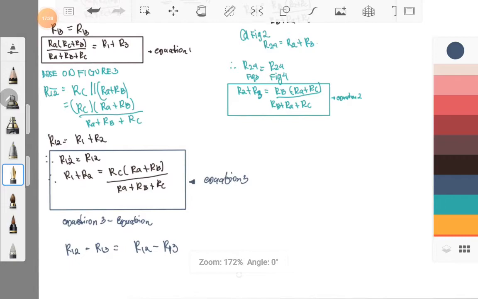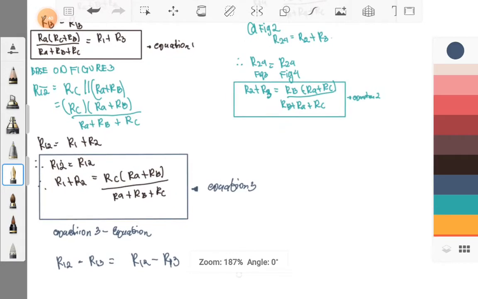So, we all know that our equation 3 is equal to R1 plus R3, minus our equation 1, which is equal to R1 plus R2, yung equation 2 natin. So, our equation 3 is equal to R1 plus R3, that is our equation 1. Okay? Our equation 3 is equal to R1 plus R2.